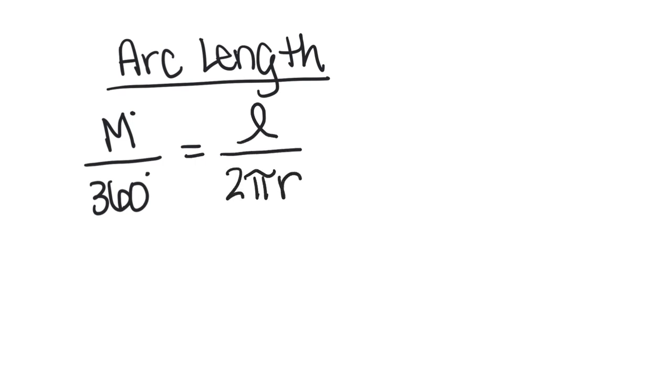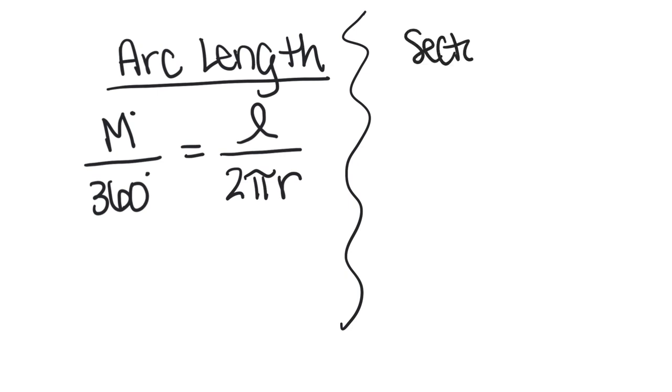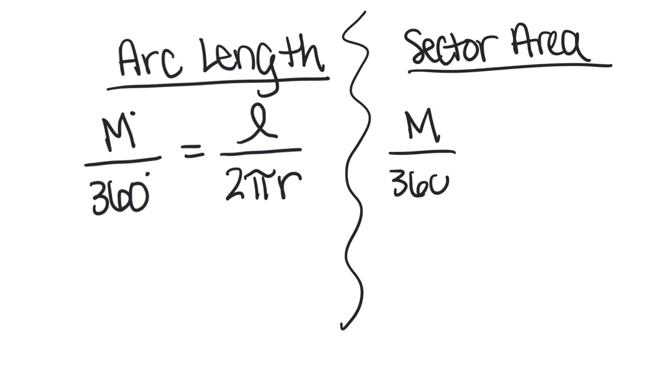I just use 2 pi r for my circumference formula because it's easier than mixing up formulas. For sector area, still m over 360, so degrees to degrees equals the sector area over pi r squared because that's the whole area. So part out of 360 equals part out of the whole circumference. Part out of 360 equals part out of the whole area.